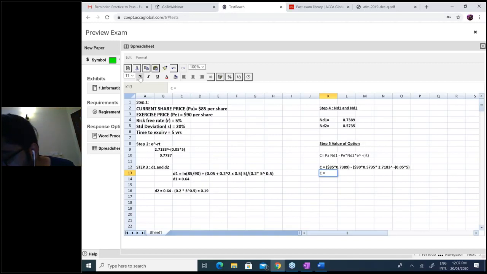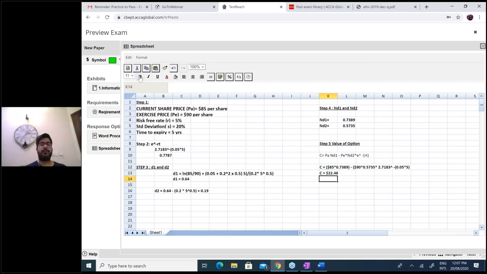This is coming to 22.48. Okay, so this is how we compute the value of the option through Black-Scholes, and it carries some easy marks. If you have any questions, please ask, and we will take a break here and then meet.